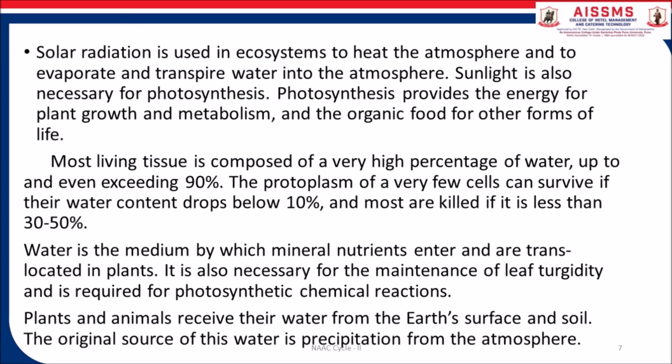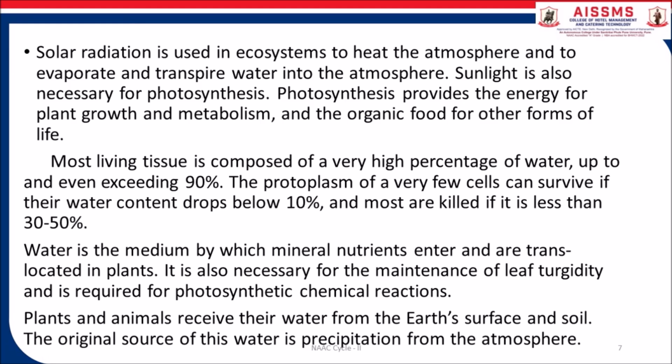Now solar radiation is used in the ecosystem to heat the atmosphere and to evaporate and transpire water into the atmosphere. Sunlight is also necessary for photosynthesis, and photosynthesis provides the energy for plant growth and metabolism and the organic food for other forms of life.